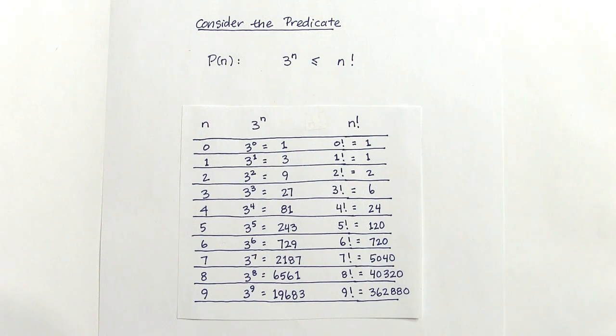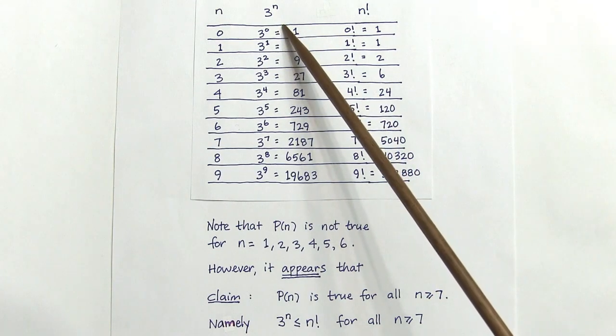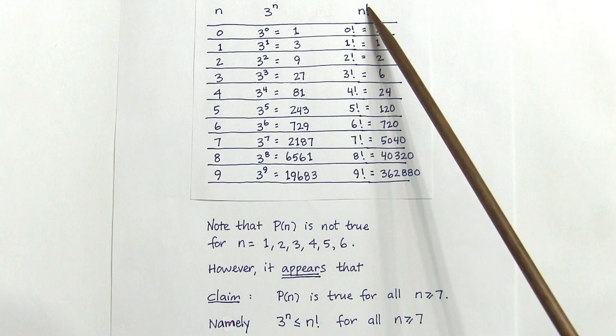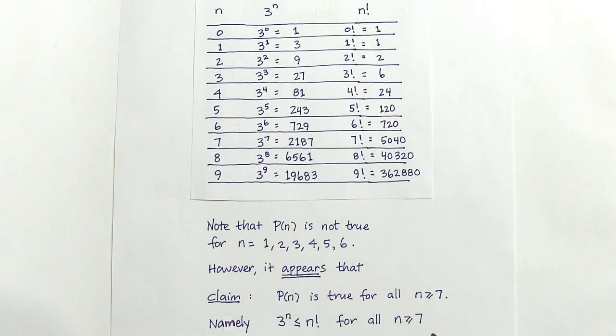From this table, we suspect the following claim. So from this table, we suspect that 3 to the n is less than or equal to n factorial for all n greater than or equal to 7. And indeed, yes, this claim is true.